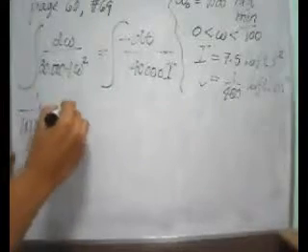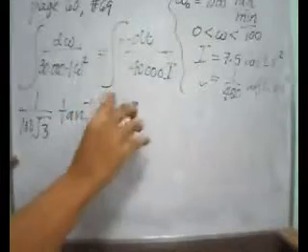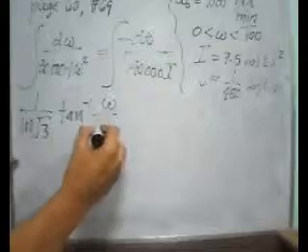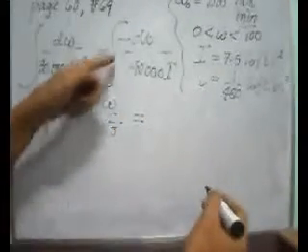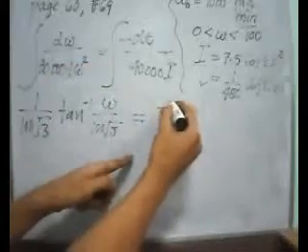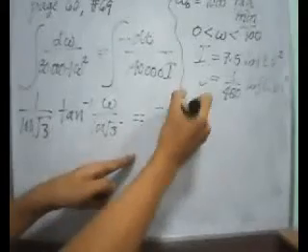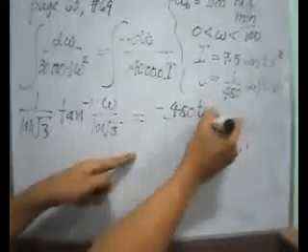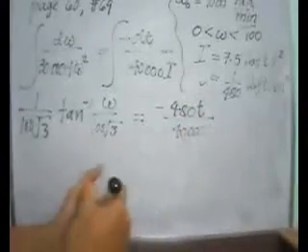So 1 over 100 square root of 3 times tangent inverse of omega over 100 square root of 3 equals negative t, then your I is 480, so you have negative 480 t over 40,000.